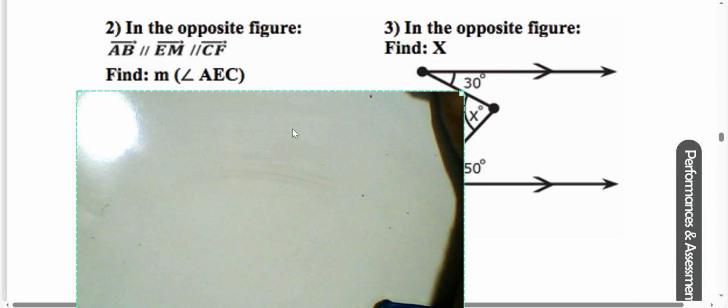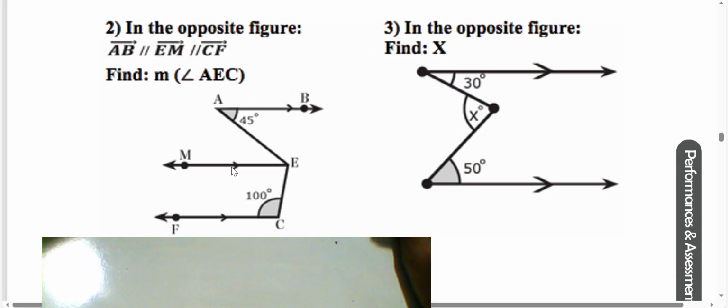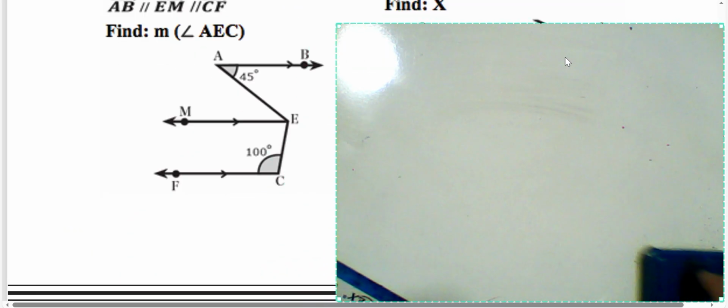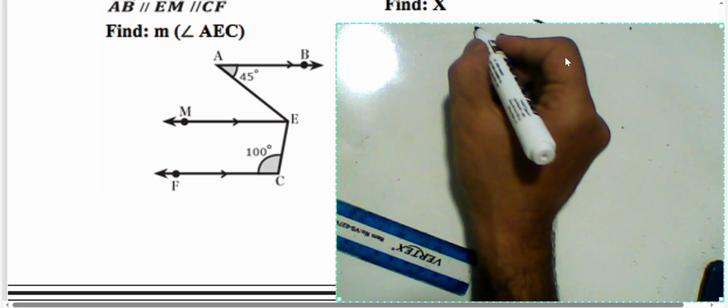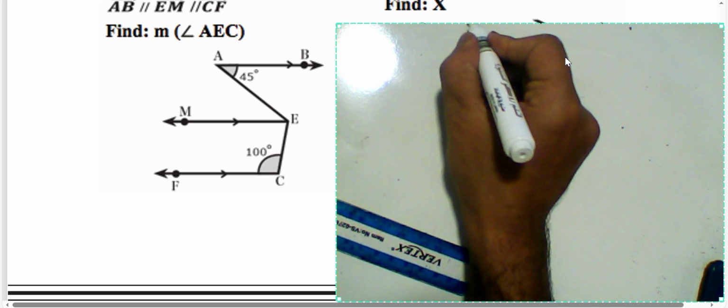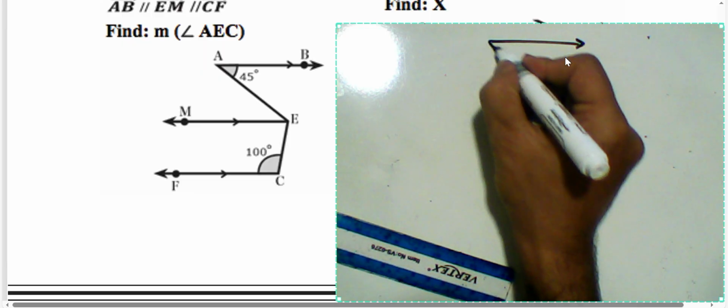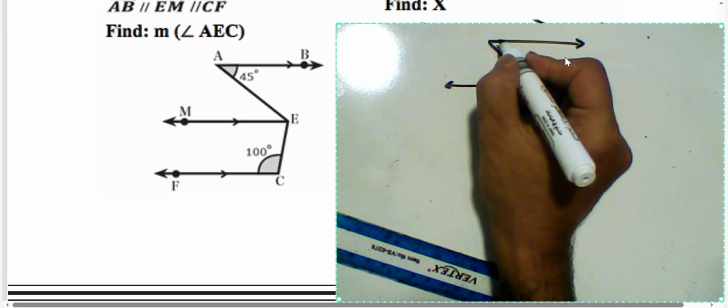Next question, number 2. We want to find the measure of angle E. We can add 45 plus 70 plus 80. Okay, look at here. We'll draw the steps here. We have a ray, and this ray parallel is 45.